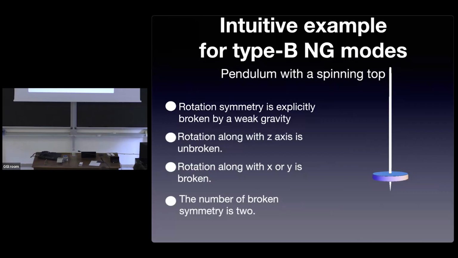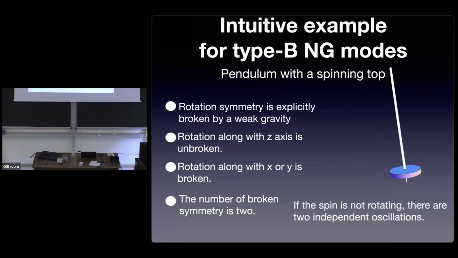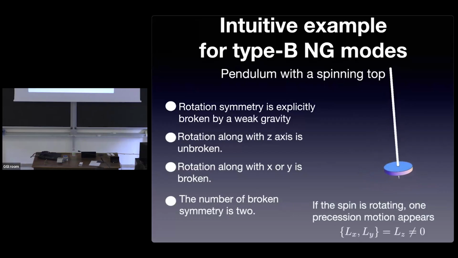Then we'll have two low energy modes. This is true if the top is not spinning. But if the top is spinning, then we'll get a spinning motion, a precession motion like this.